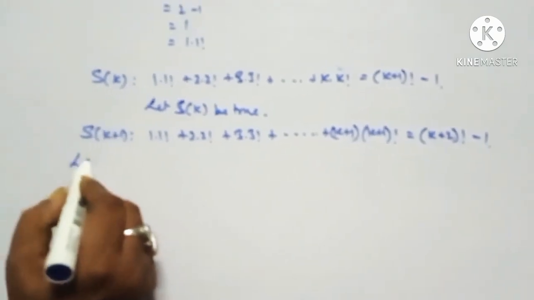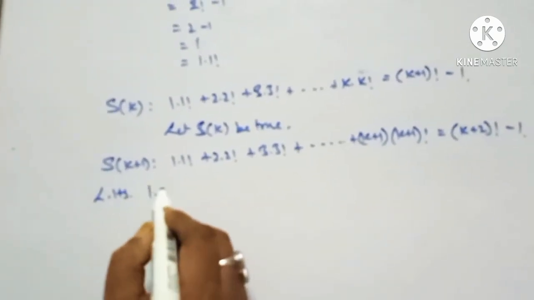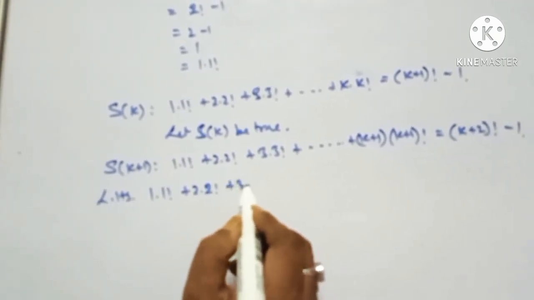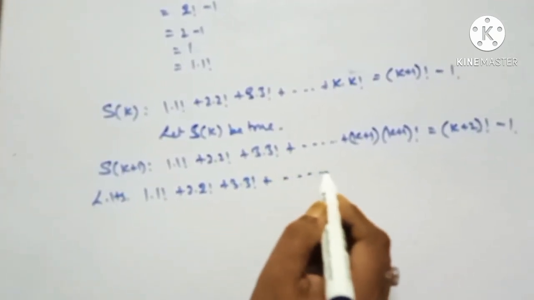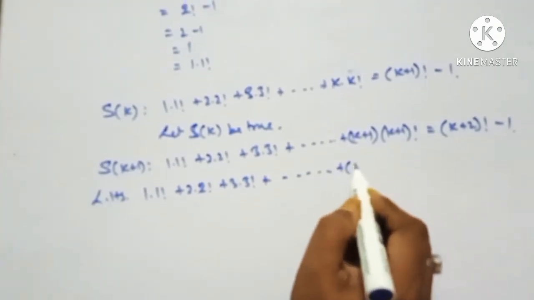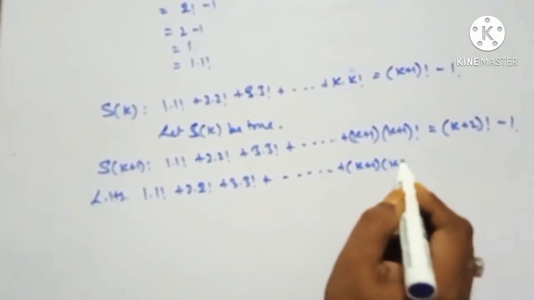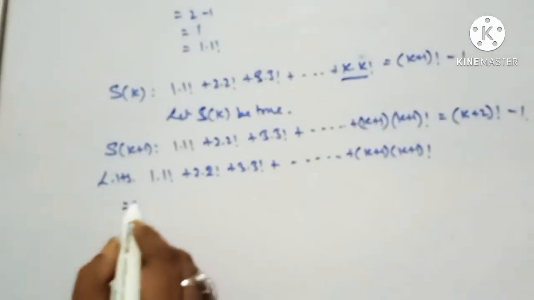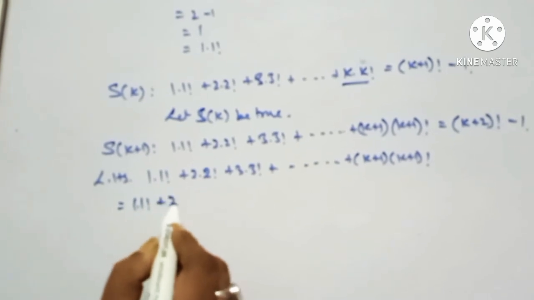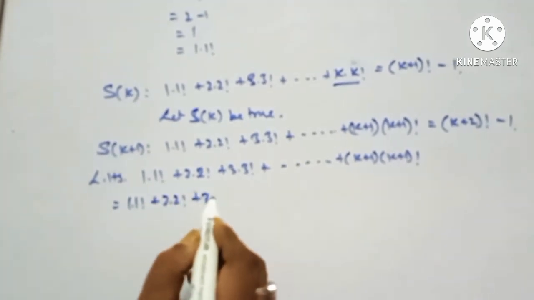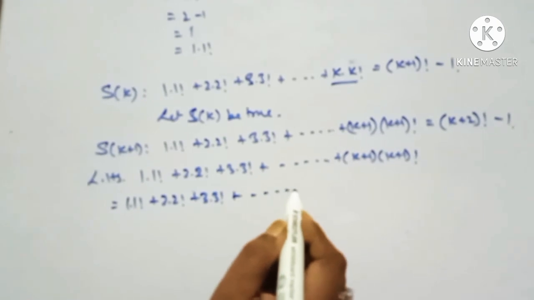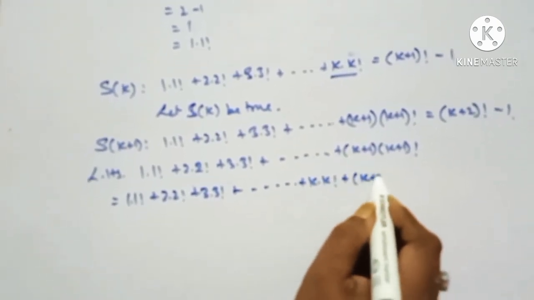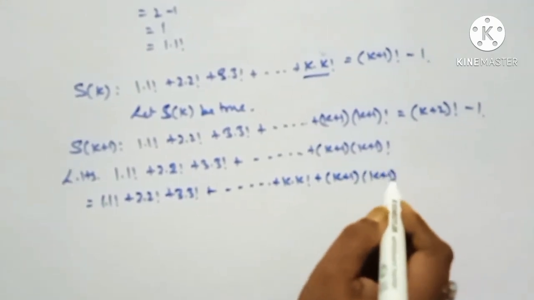So I am going to move from the left hand side, that is 1 into 1 factorial plus 2 into 2 factorial plus 3 into 3 factorial plus dot dot dot plus (k plus 1) into (k plus 1) factorial. The preceding term of this is this, so I can write 1 into 1 factorial plus 2 into 2 factorial plus 3 into 3 factorial plus dot dot dot plus k into k factorial plus (k plus 1) into (k plus 1) factorial.